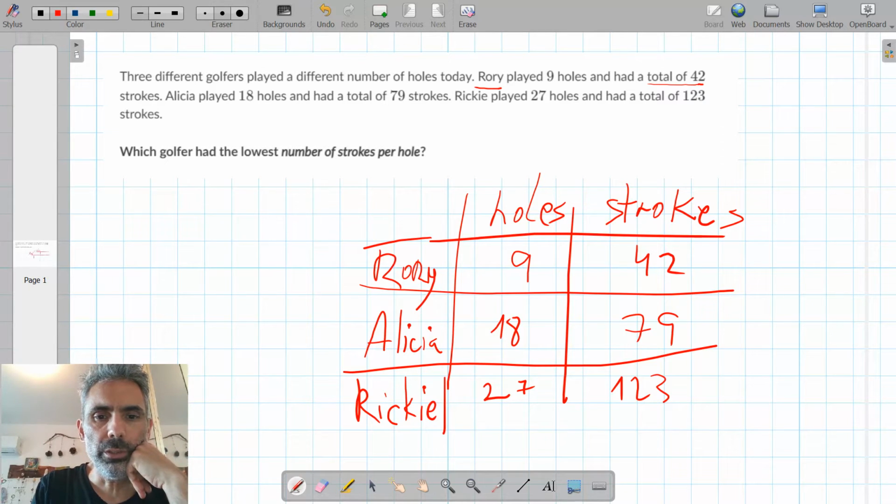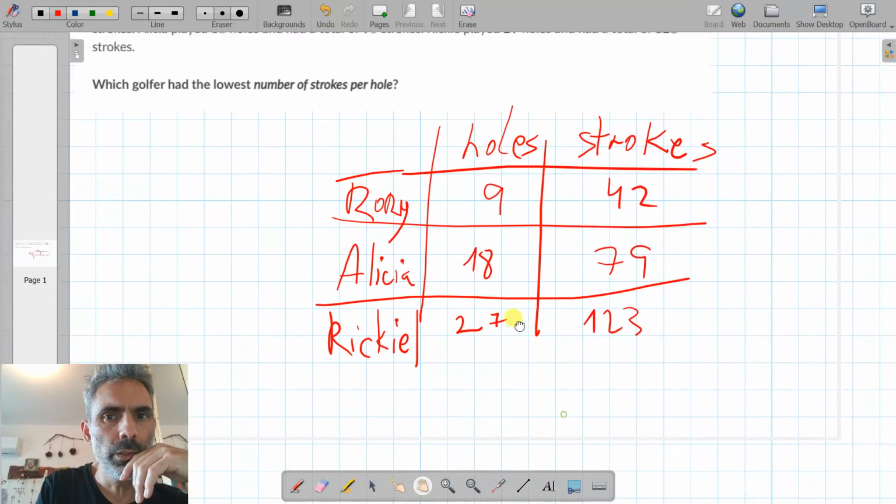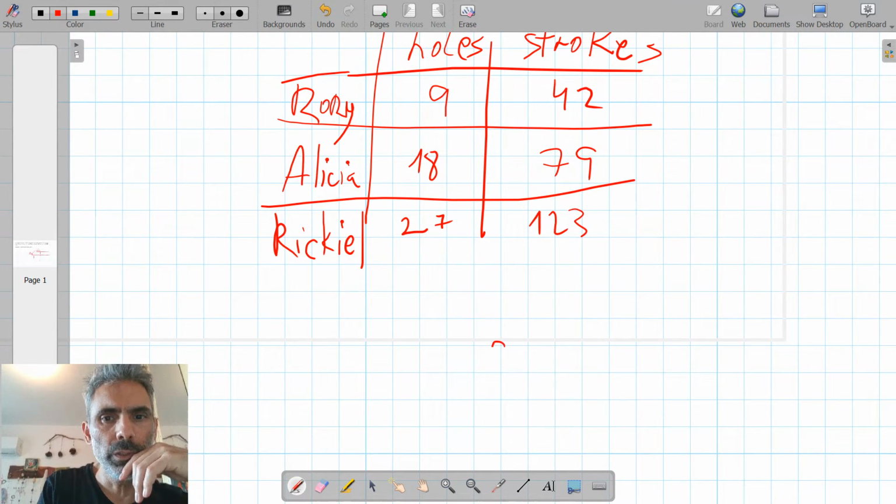Okay, so let's calculate Rory's ratio of strokes per hole. So 9 to 42.